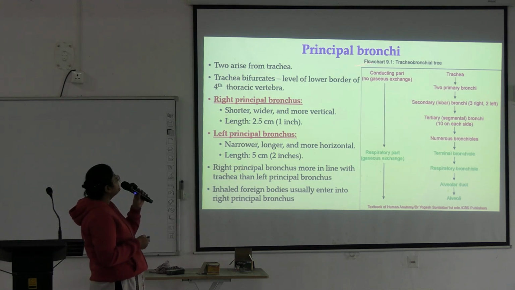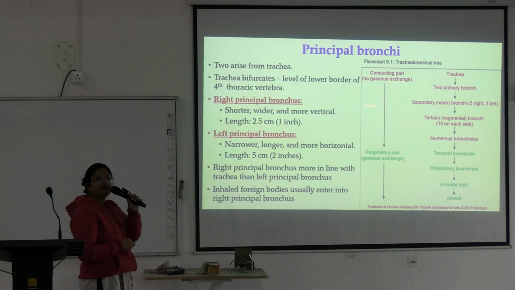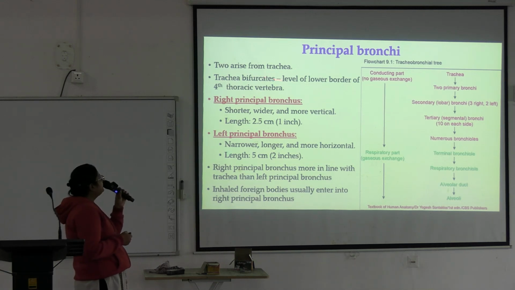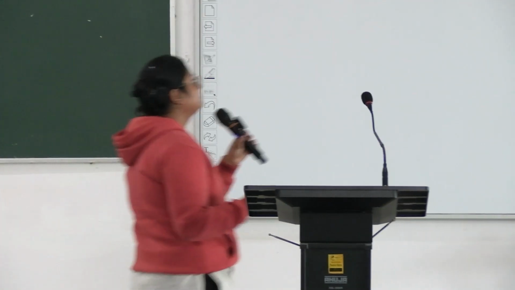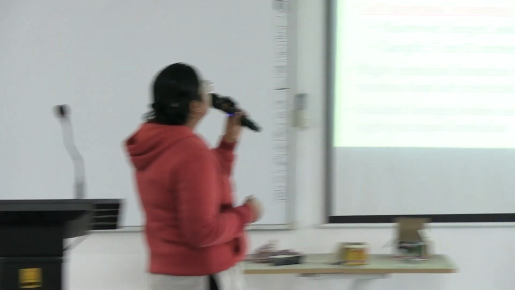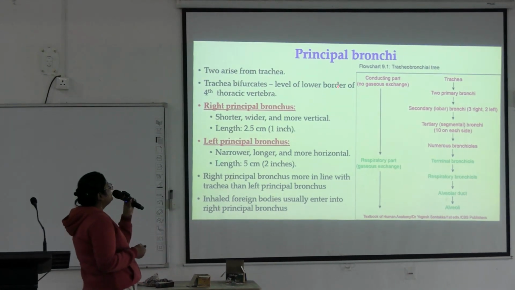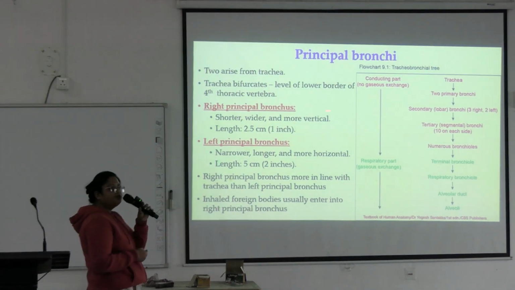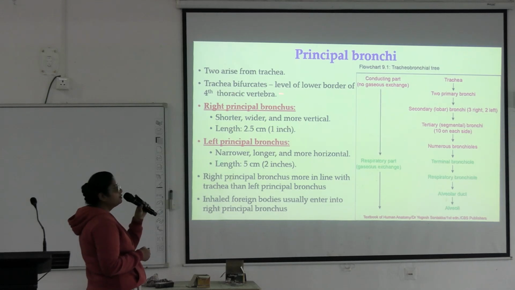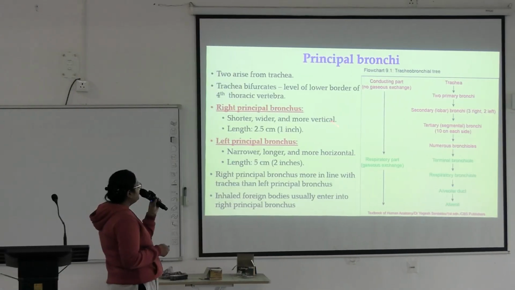So two principal bronchi arise from the trachea. The trachea bifurcates at the level of the lower border of the fourth thoracic vertebra, T4. The right principal bronchus is shorter, wider and more vertical.